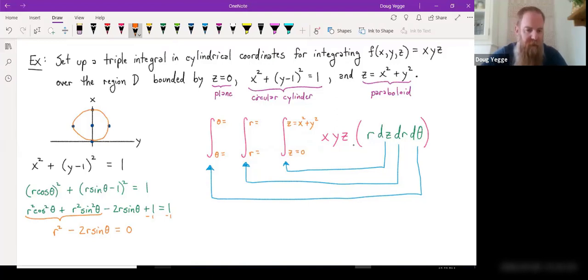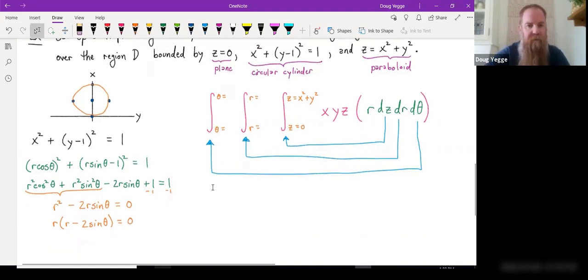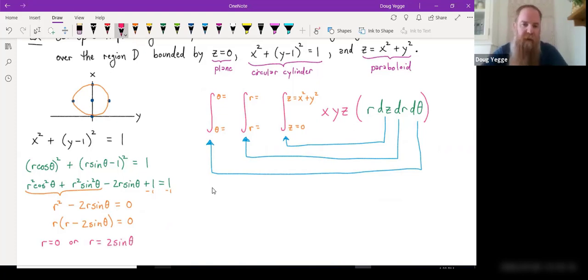So now that means that if I factor out an r, I get r minus 2 sine theta. And by the zero product property, that means that either r is equal to 0 or r is equal to 2 sine theta. Now let's think about what that implies.